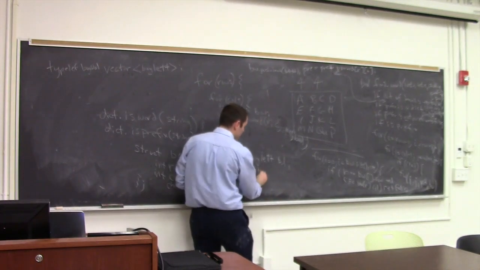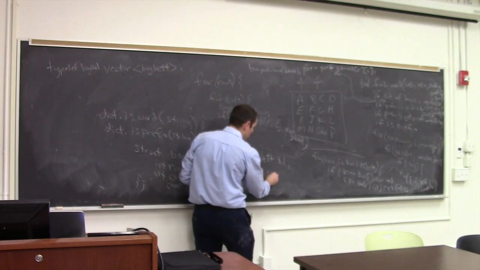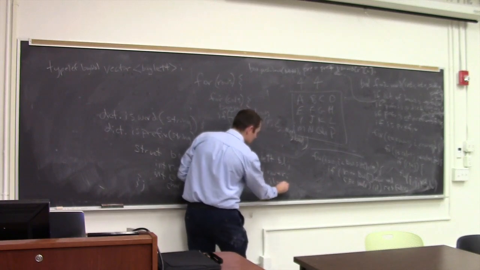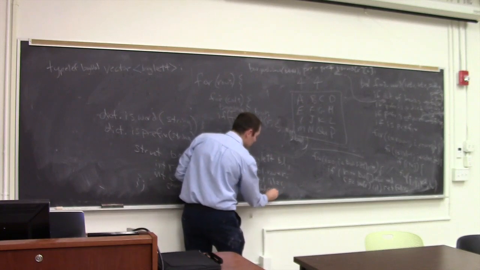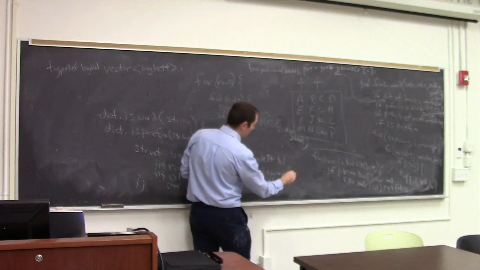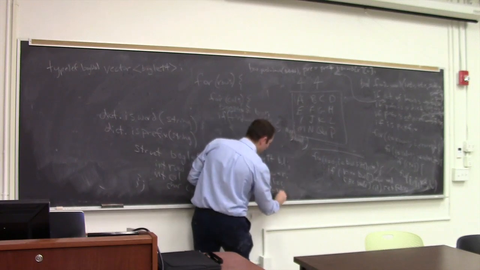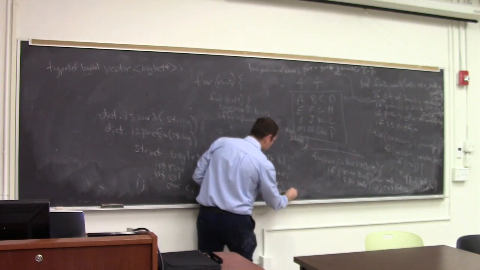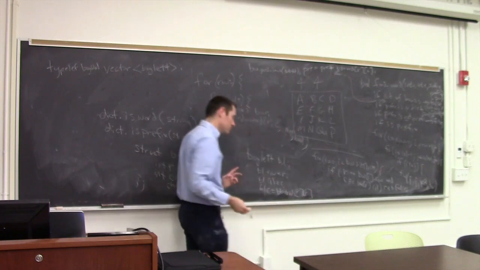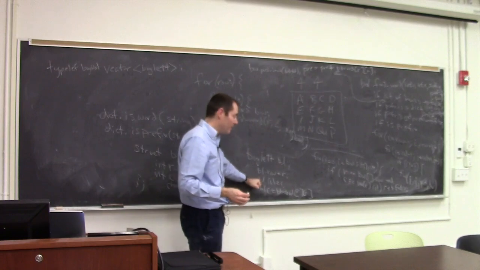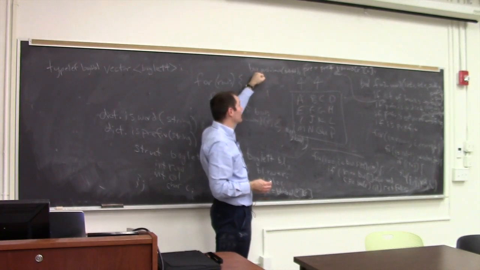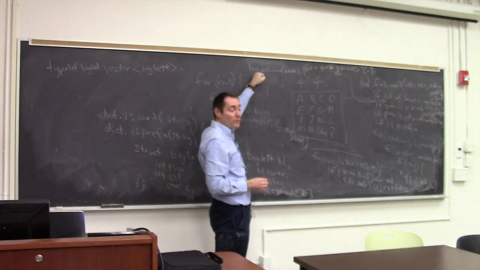Then you just say BL dot row equals R, BL dot col equals C, BL dot character equals the bog board at position RC. That creates your bog letter. And you push that bog letter into the bog word, and now you've got one more letter in your bog word.